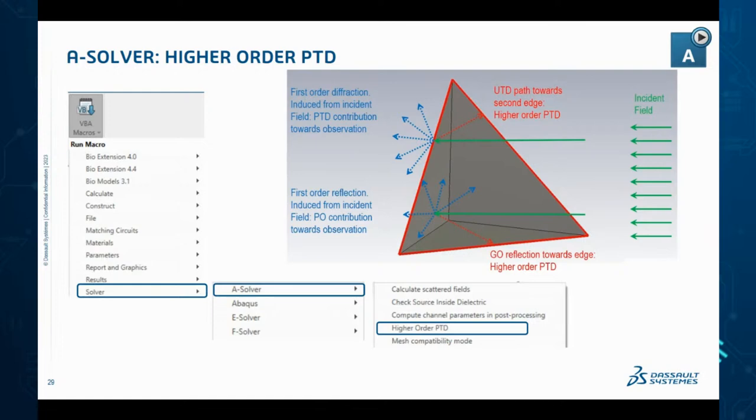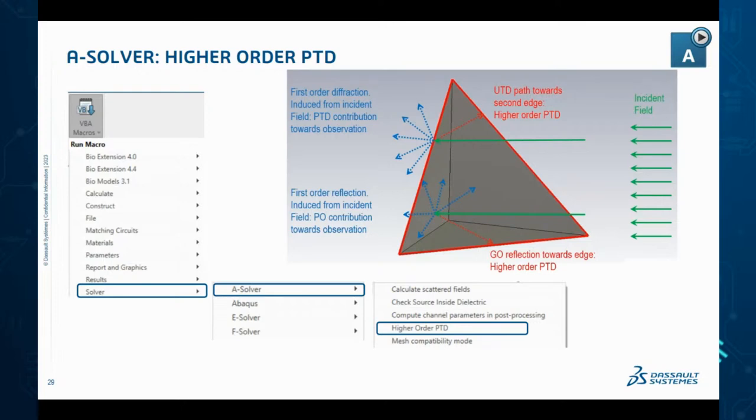So it's an indirect hit of the edge. And on the top, we see one ray that is diffracted using the UTD solver. Then one of these diffracted rays will hit another edge, and that ray will be diffracted again using the higher order PTD as well. So the more diffraction we have in our models, the higher the accuracy we might get, the better the accuracy in many applications that we need.